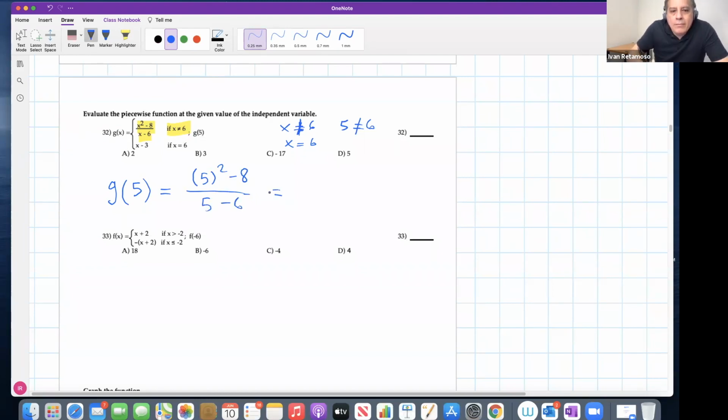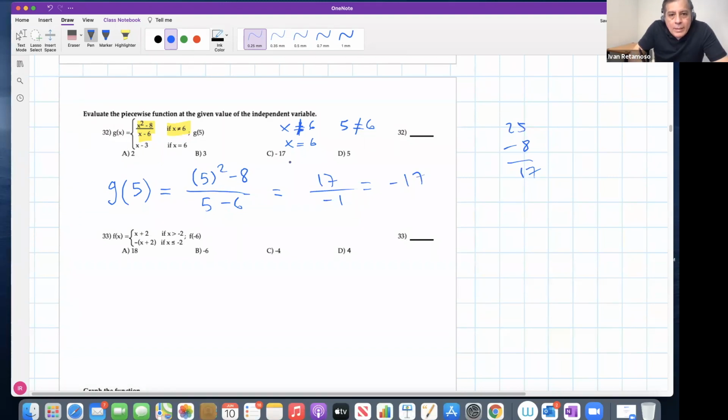5 squared is 25. 25 minus 8 is 17. 17 over negative 1 is negative 17.